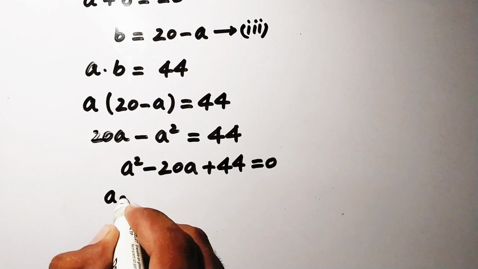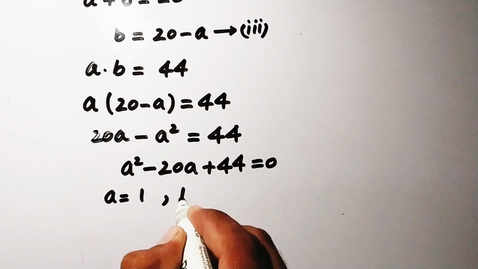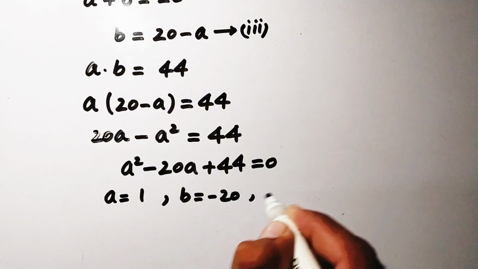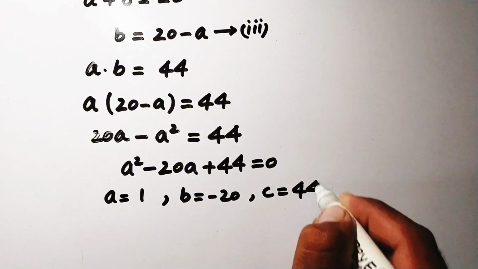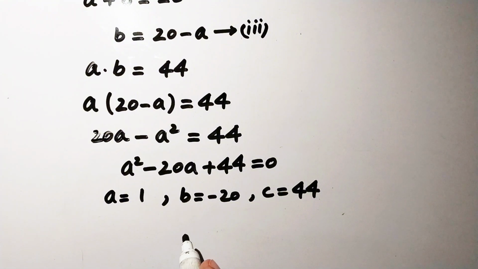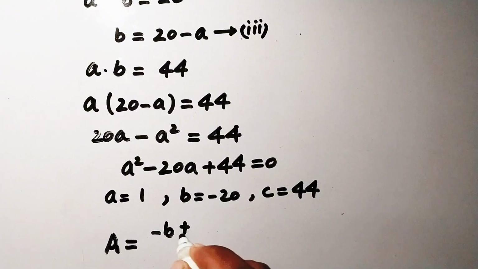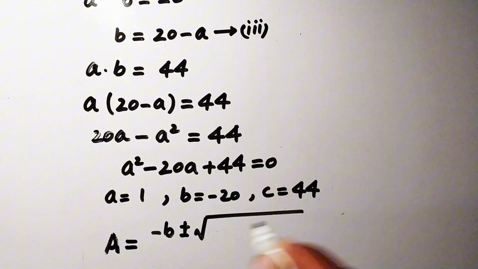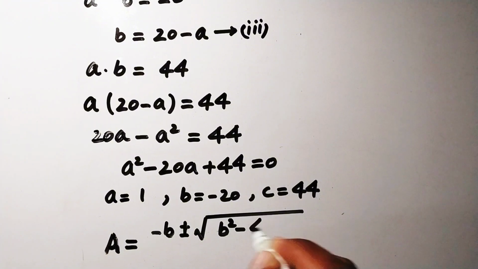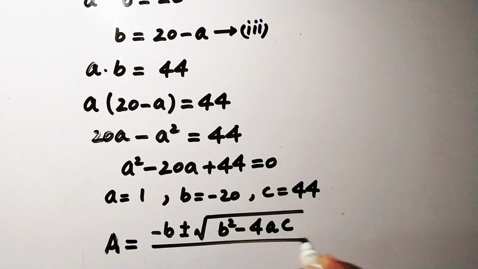For that, here a is equal to 1, b is equal to minus 20 and c is equal to 44, and the formula for the value of a will be here, to avoid misunderstanding we will mark this a as this alphabet, a equal to minus b plus or minus square root of b square minus 4ac over 2a.